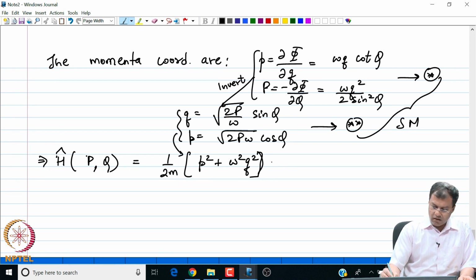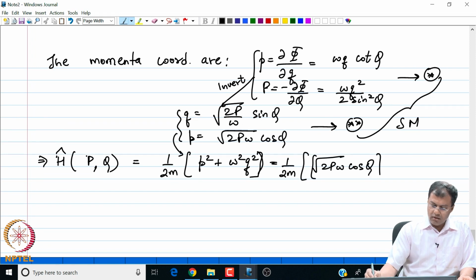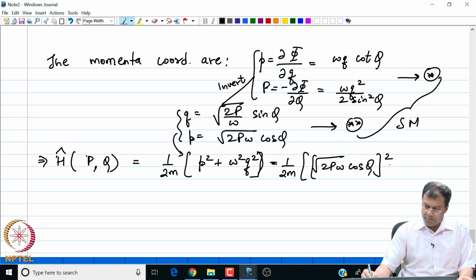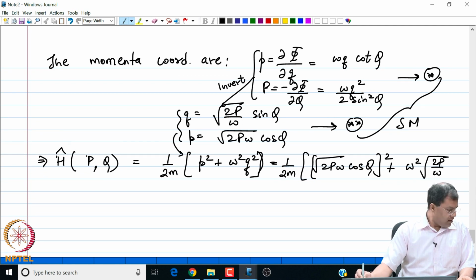We see that this is equal to 1 by 2m times, I plug in p, square root of 2P omega cos Q whole square, plus omega square times q, square root of 2P by omega sine Q, whole square.